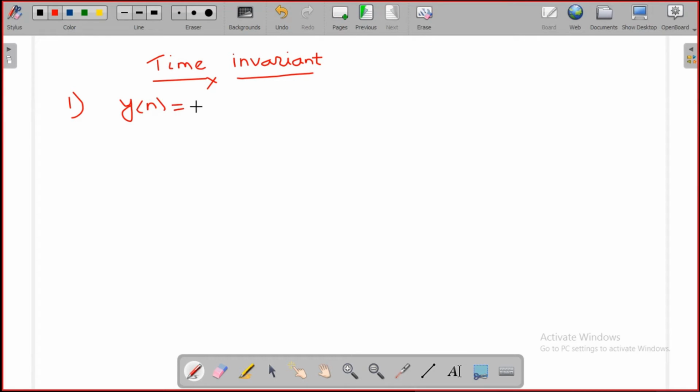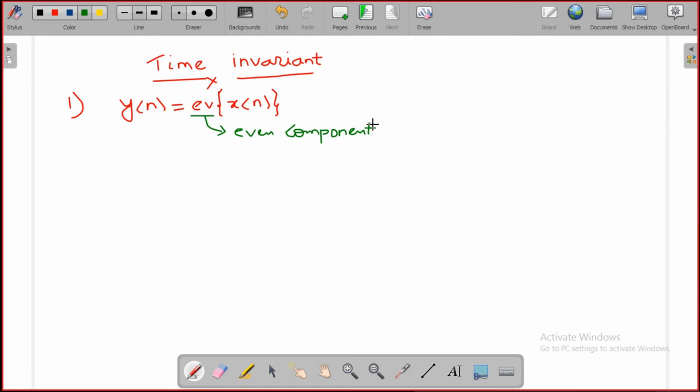y of n is equal to EV of x of n, where EV stands for the even component of x of n.